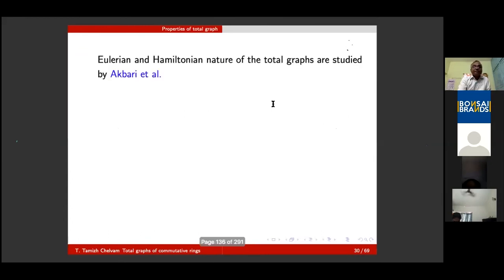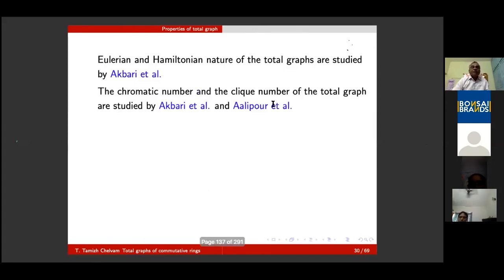Okay, in this case, there are several people who have studied various properties of the total graph of a commutative ring. Of course, Akbari et al., Journal of Algebra and Applications, have studied the Eulerian and Hamiltonian nature of total graphs. The chromatic number and clique number of the total graph were studied, once again, by Akbari et al. and Alipour et al.